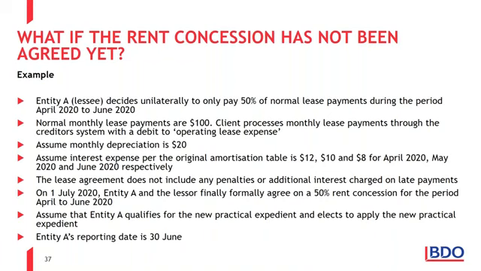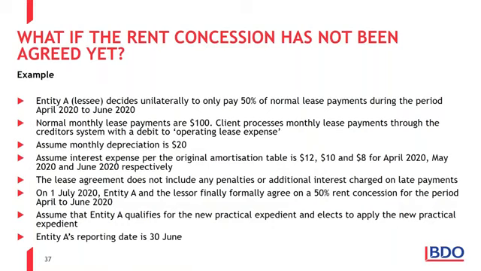So this example is looking at a situation where this rent concession has not been agreed yet. Therefore, all the things we've talked about until now haven't kicked in yet. So how do we deal with that? In my simple example, I've said the lessee decides unilaterally to pay only 50% of the payments for 3 months.